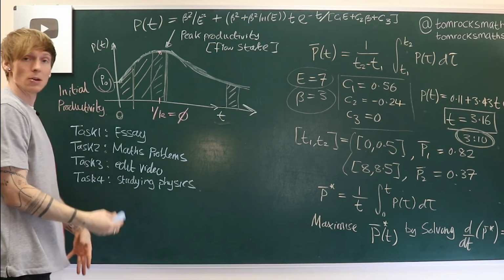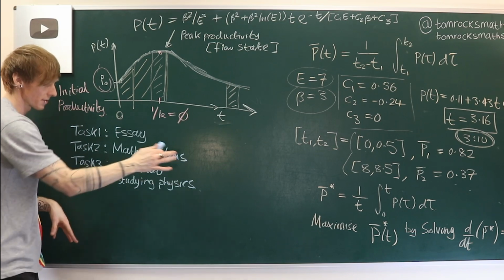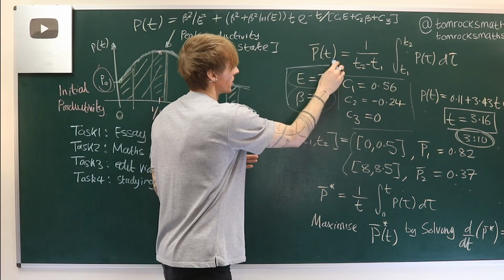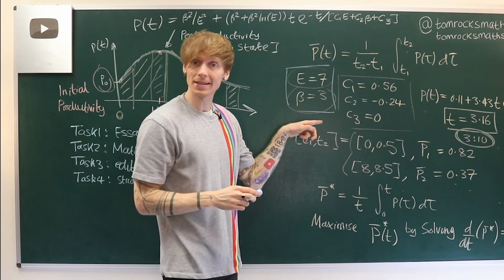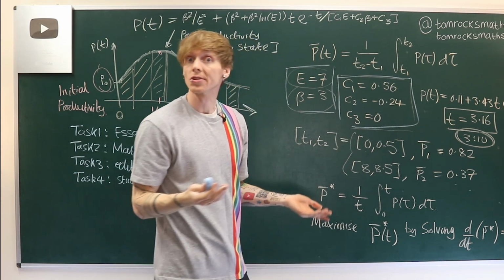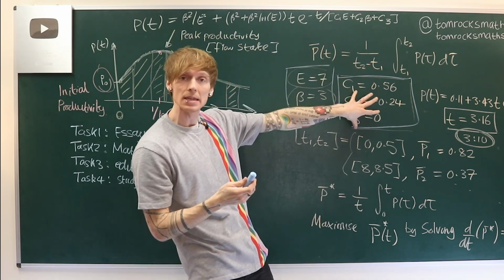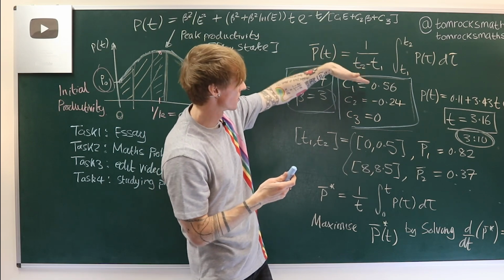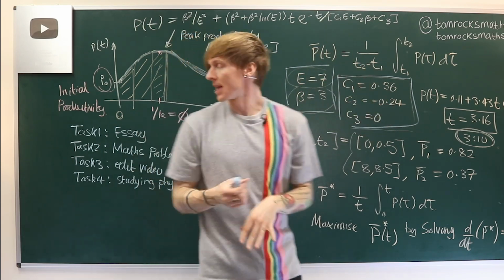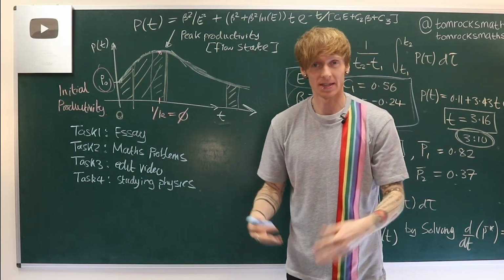Now, in order to determine the productivity function for each of these tasks, we of course need to know the effort and the enjoyability, and we need to know the user-defined constants. So we're going to stick with these user-defined constants. So C1, C2, and C3 are as given over here. However, the effort and enjoyability is going to vary for these different tasks.